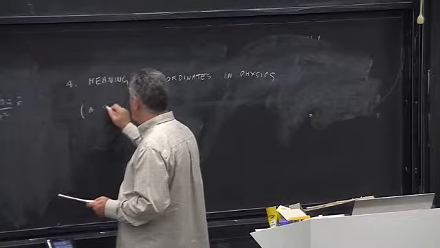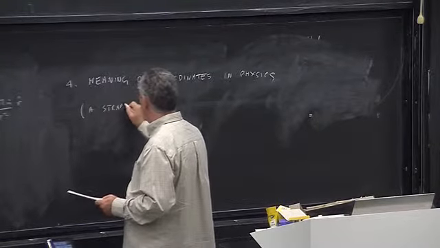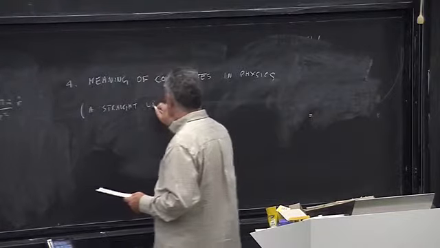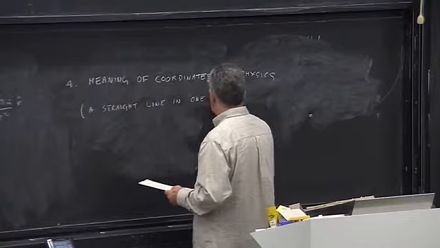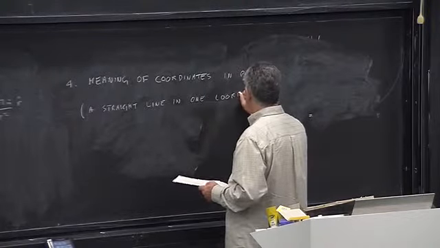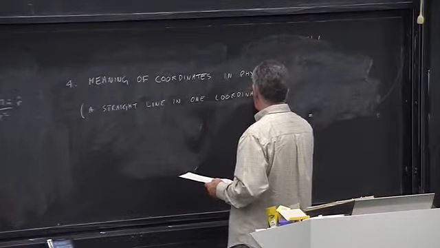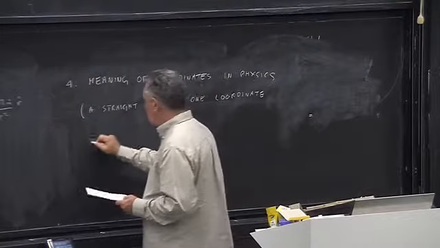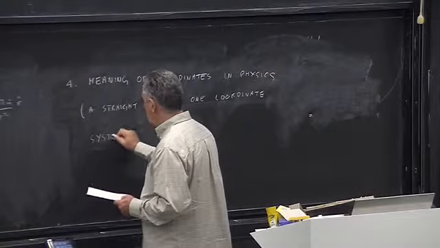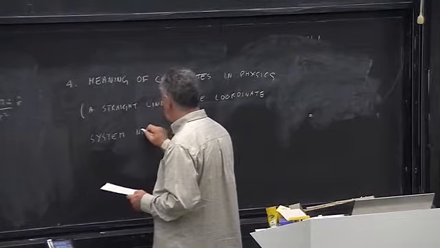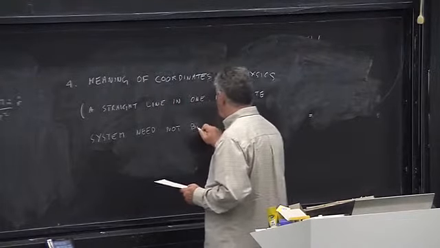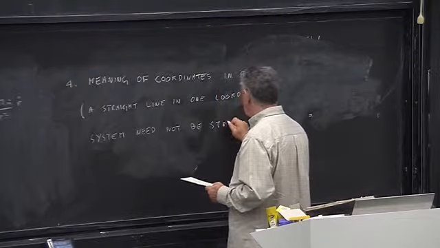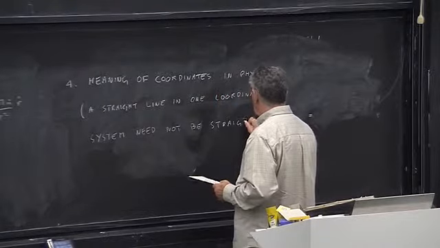For example, a straight line in one coordinate system need not be straight in another.